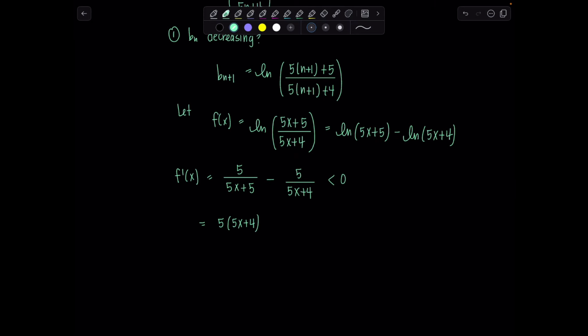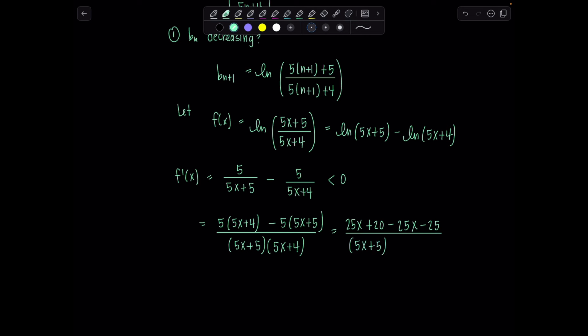So the common denominator would be (5x plus 4)(5x plus 5). And then if you clean up the numerator, you'll see that you're just left with a negative constant. When I distribute here, this is going to be 25x plus 20 minus 25x minus 25 over the denominator. See how the 25x's cancel, and then you just have 20 minus 25. That's negative 5.